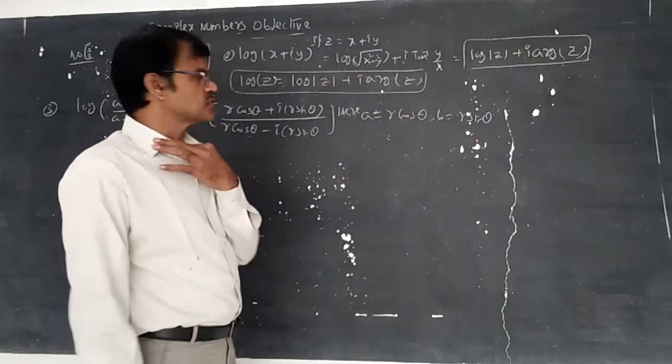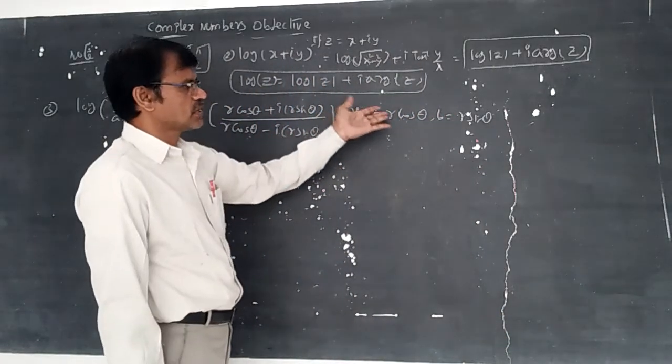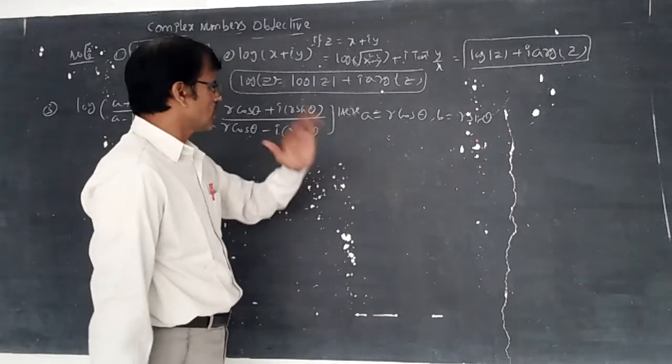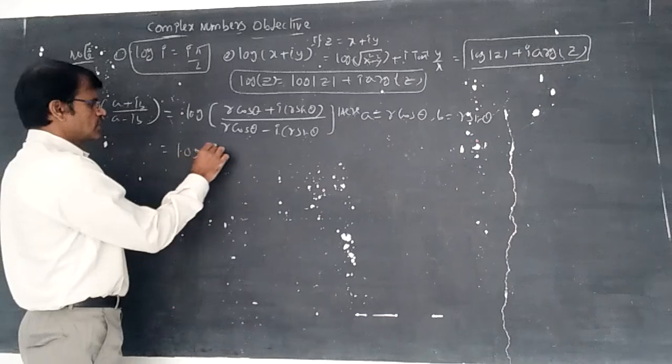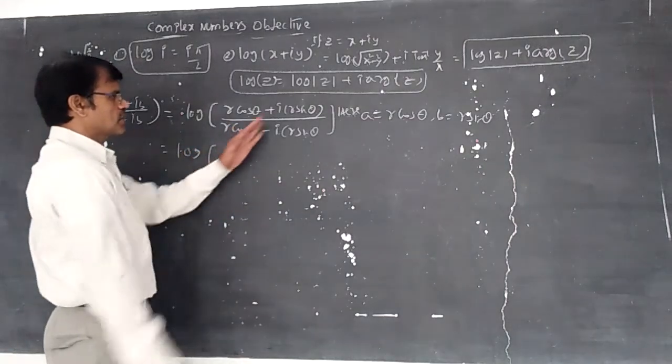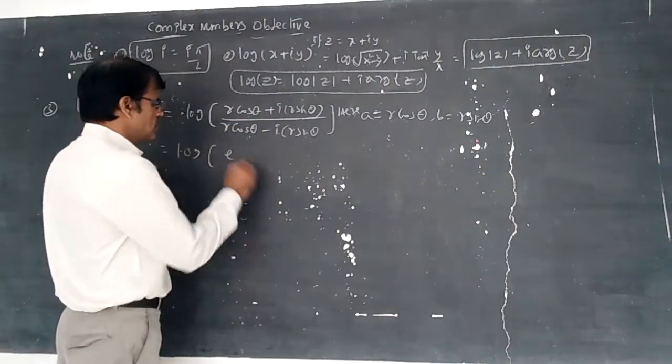Root of a square plus b square becomes r and theta equal to tan inverse b by a. Try to understand this: r taken common and r gets cancelled.